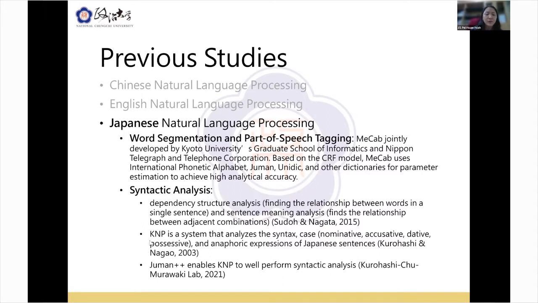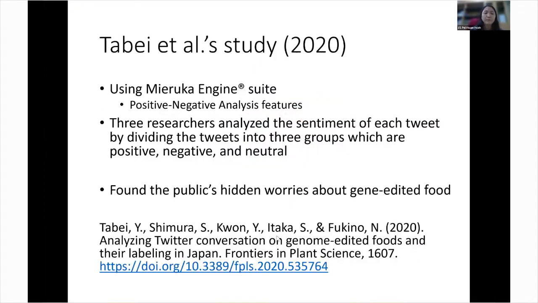For example, KNP is a system that can analyze the syntax, the case, and anaphoric expressions of Japanese sentences. And there's also another professor who developed Juman++ to make KNP perform well.